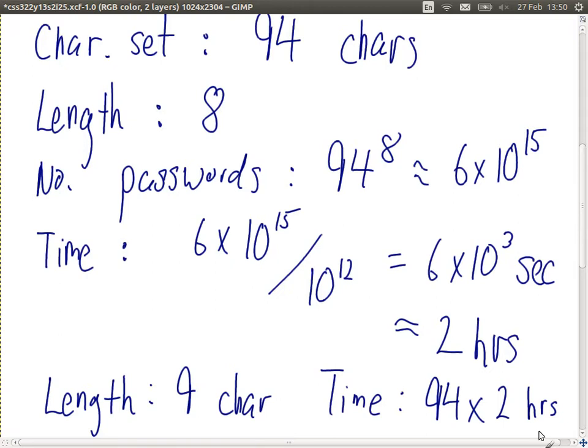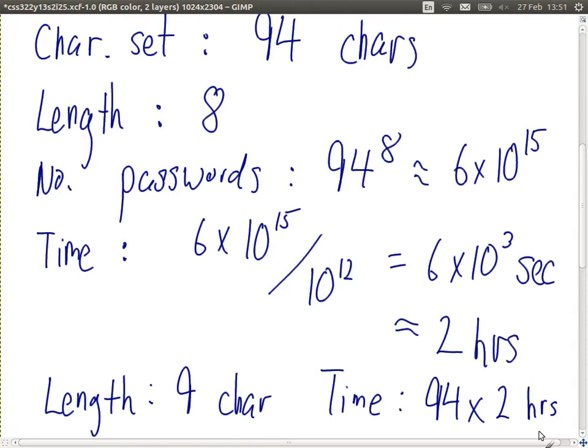So now it's up to 180 hours. Make it 10 characters and times by another 94. So adding one more character increases by a factor of about 100, 94 to be specific. So I think you eventually get to a length that is suitable for your requirements, if you know how long an attacker can take.